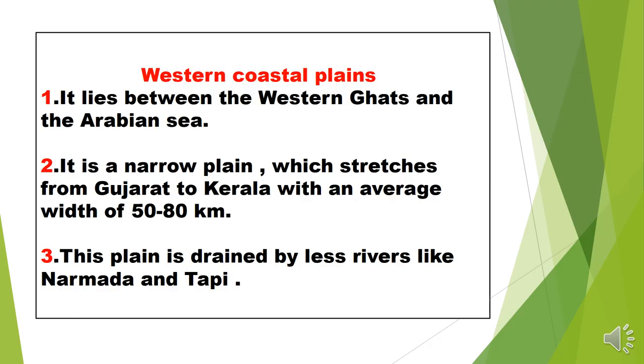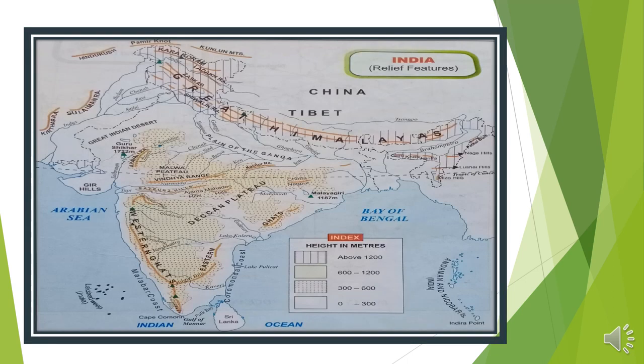Near the Arabian Sea the western coastal plain is found, and near the Bay of Bengal the eastern coastal plain is located. The western coastal plain is narrow, while the eastern coastal plain is wide, because there is a much bigger gap between the Eastern Ghats and the Bay of Bengal.